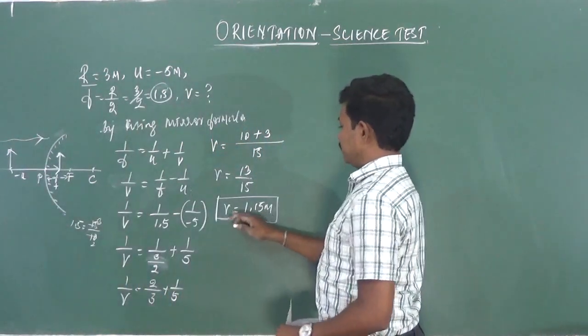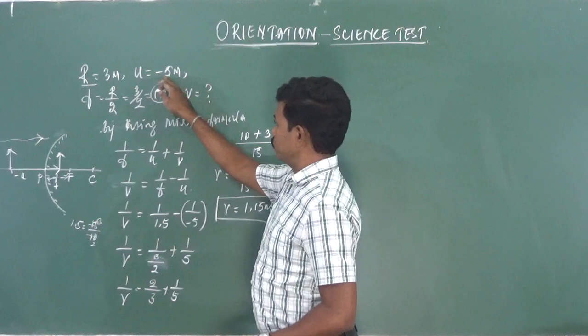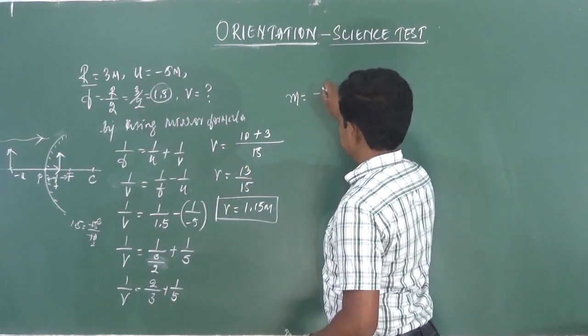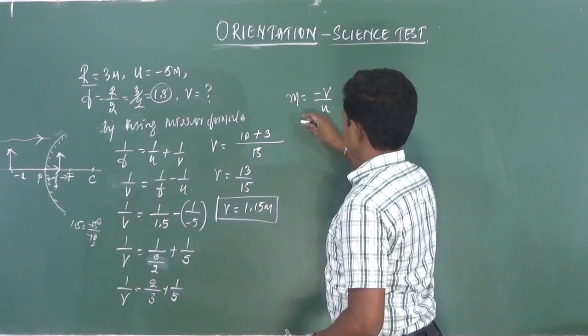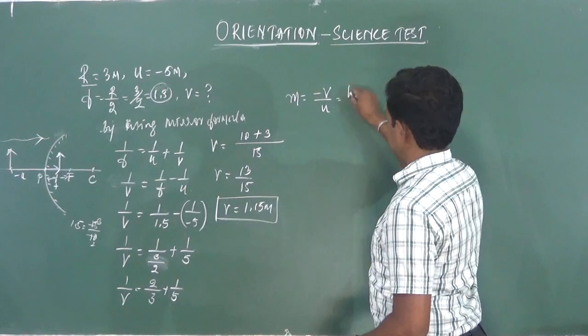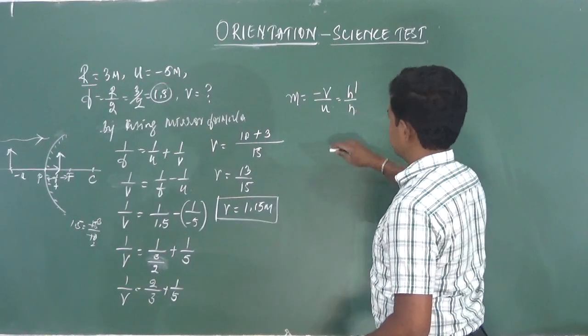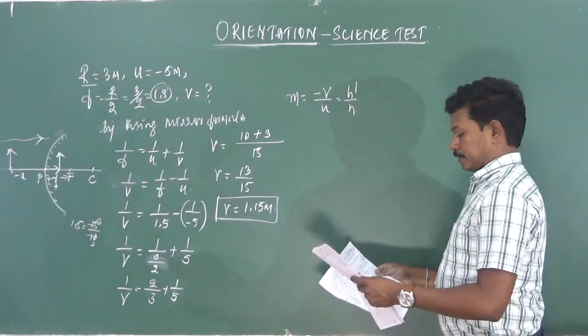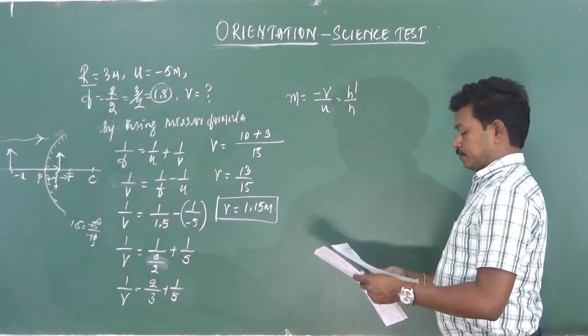If we have the value of v, we have the value of u. So magnification can be written as minus v by u. We have to go with the size, so we can go with h dash by h, but minus v by u is better.